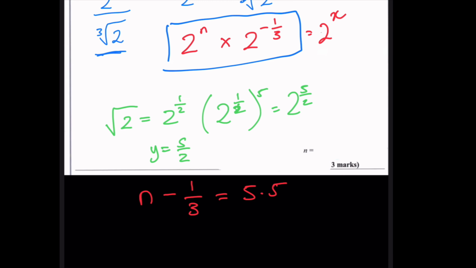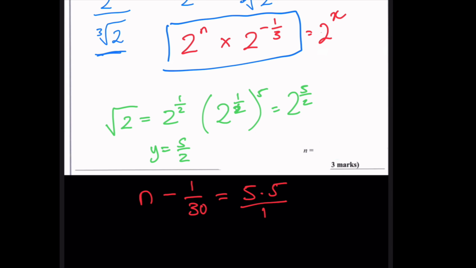Okay, let's make this simpler. We're going to make all of this into fractions. So 5.5 we can write as the fraction 5.5 over 1. We can change this to 11 over 2. I'll tell you what, let's make it even easier.